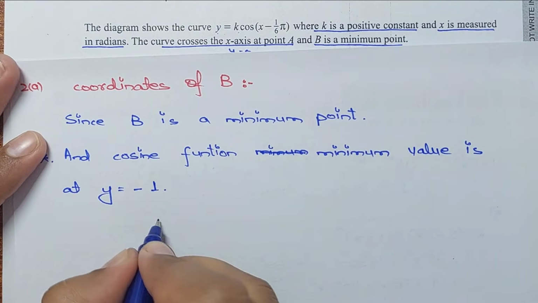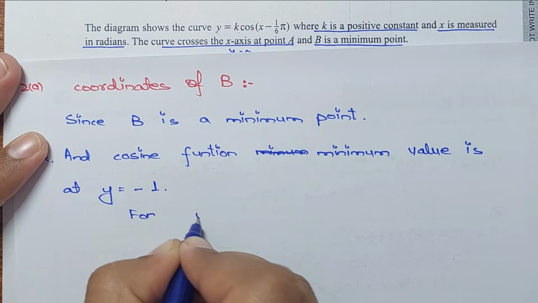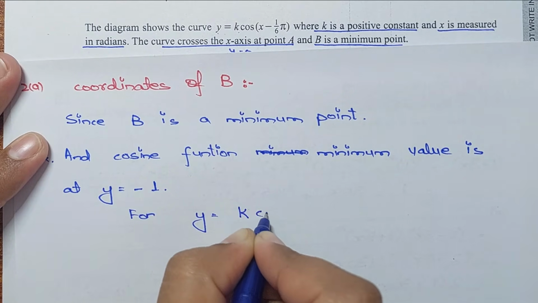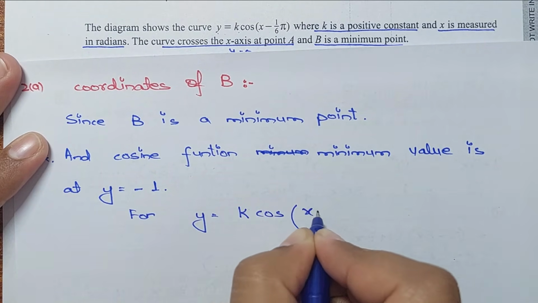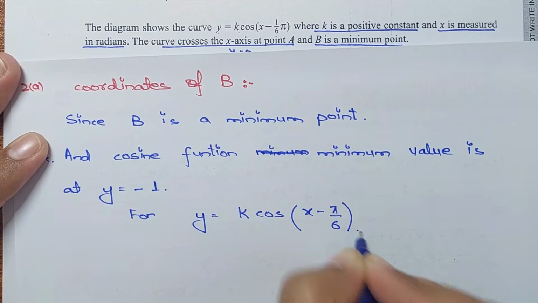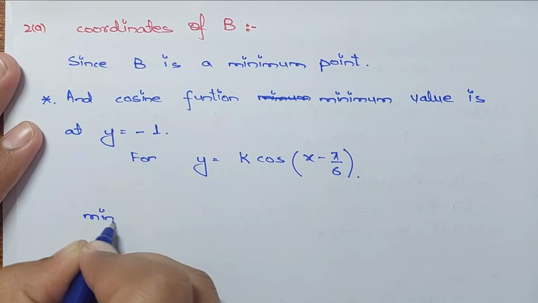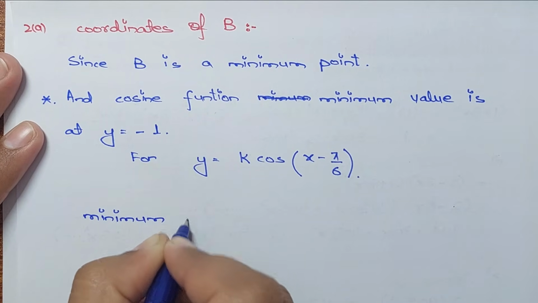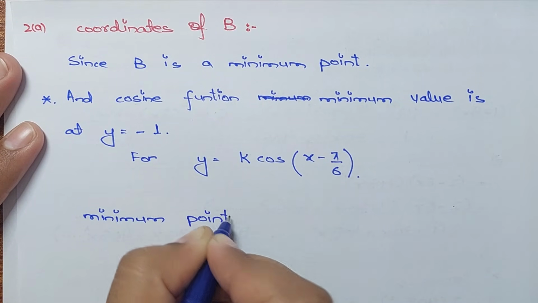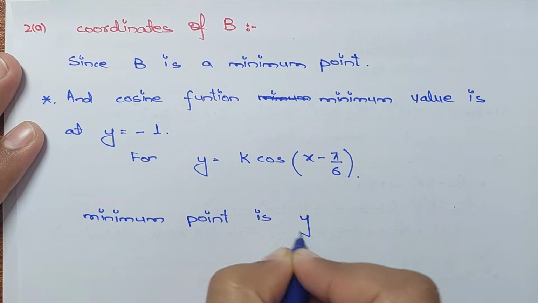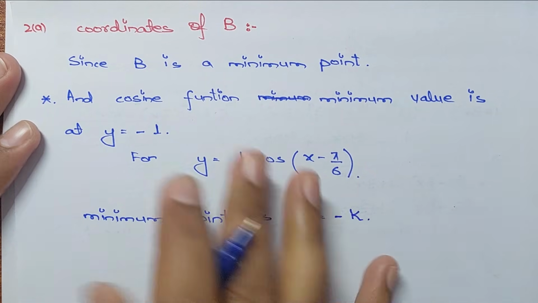Okay, so for y equals k cos of x minus pi over 6, the minimum point is y equals negative k, right?